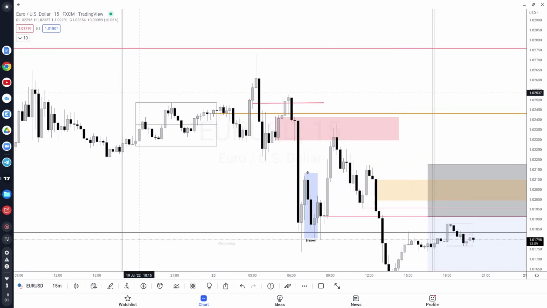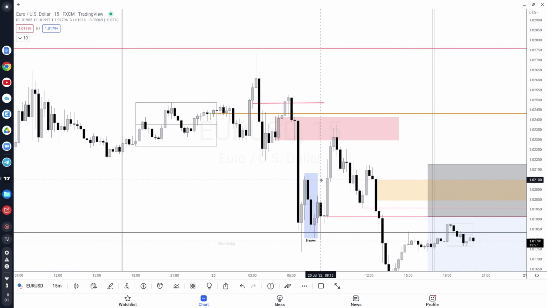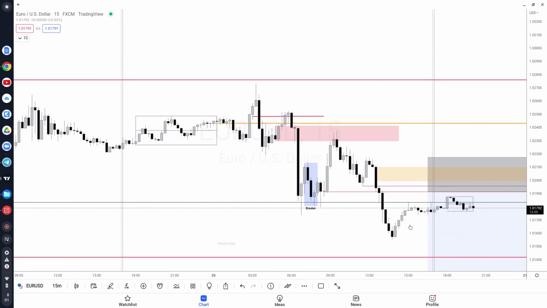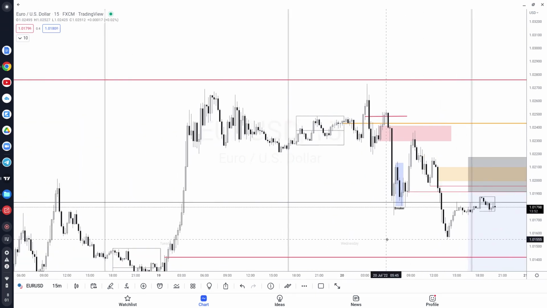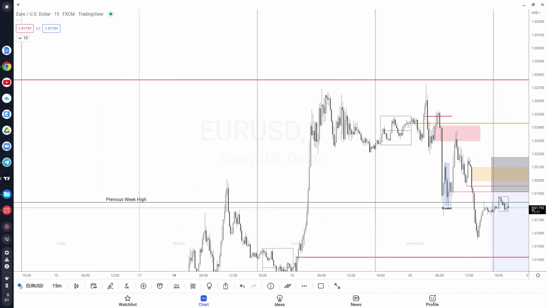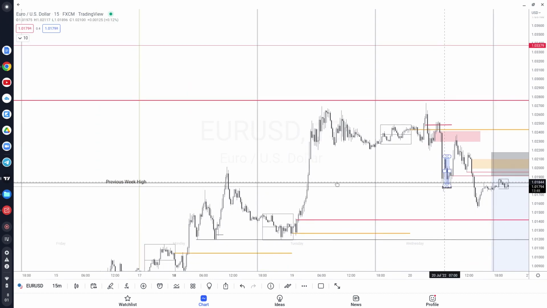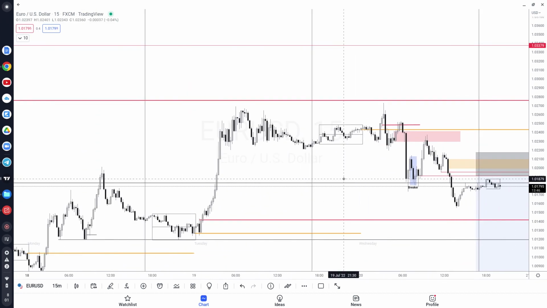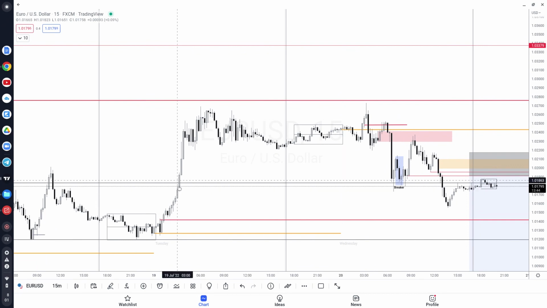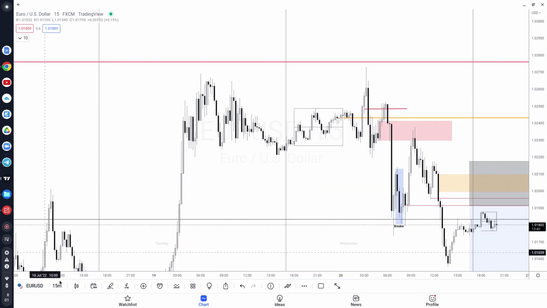Then as we approach the New York session, here's that previous week's high, which is used as support. Price digs down into this little imbalance here, and we come to a lower time frame.